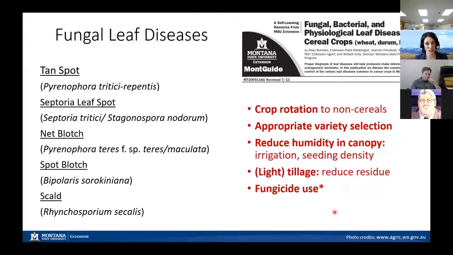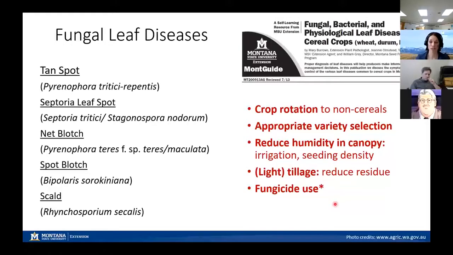And then if it's possible, light tillage that buries infested residue helps break down this residue, and also prevents these pathogens that survive on residue between crops from producing these spores, which are then used for infections. So tillage can be really effective.